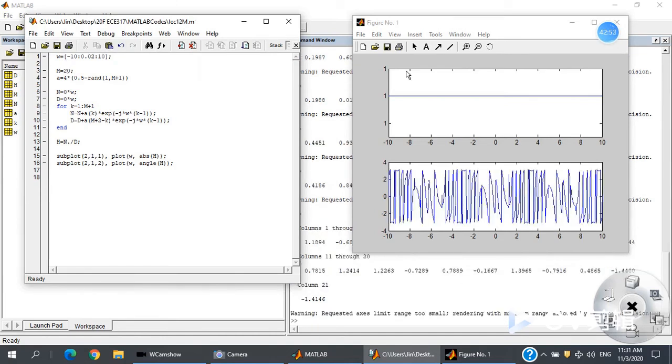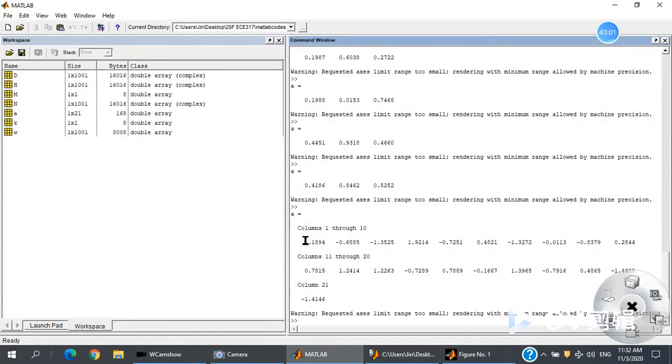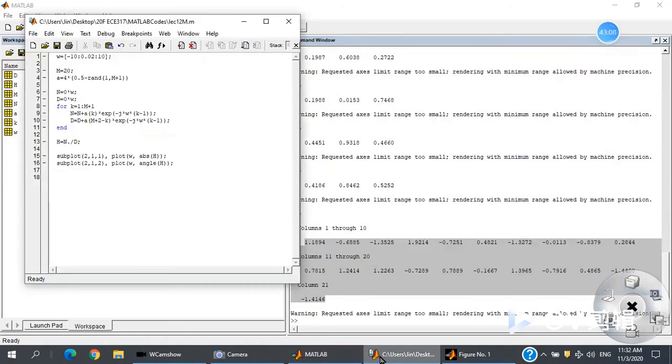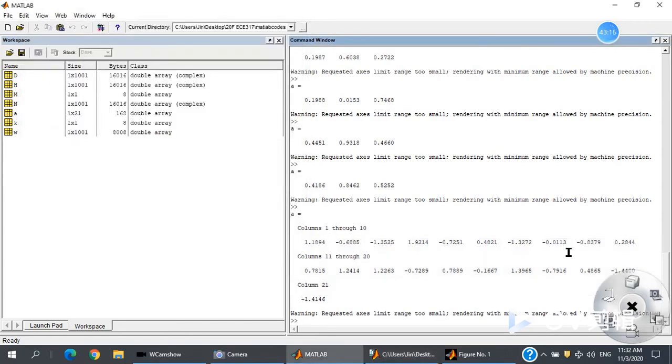Okay. Oh. Yeah, the phase is very complex. But the magnitude is still 1. And here A is 10. I give A is 20 or 10. A runs from 20 to 10 and until A to 21.